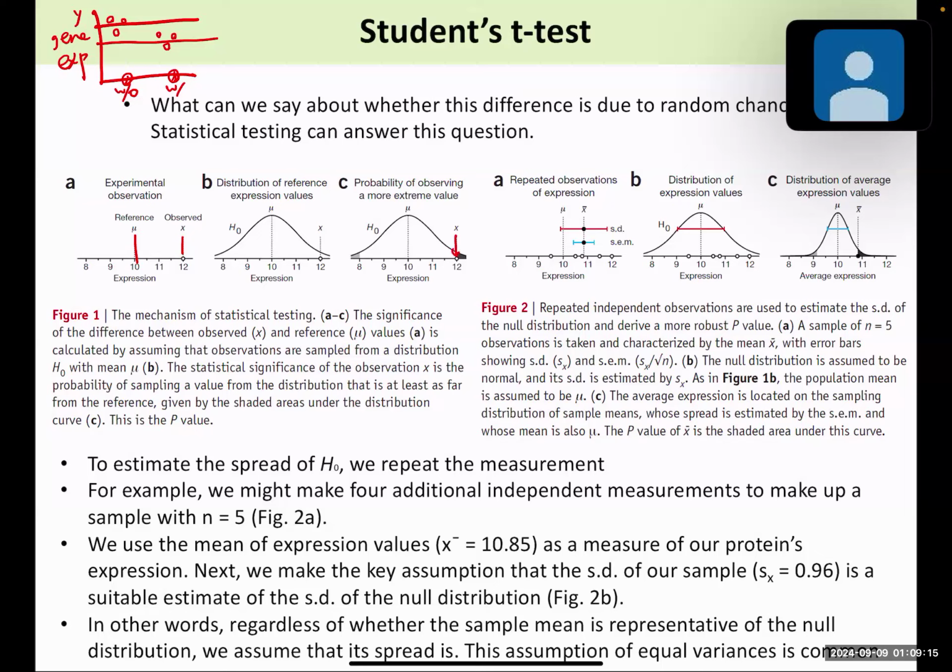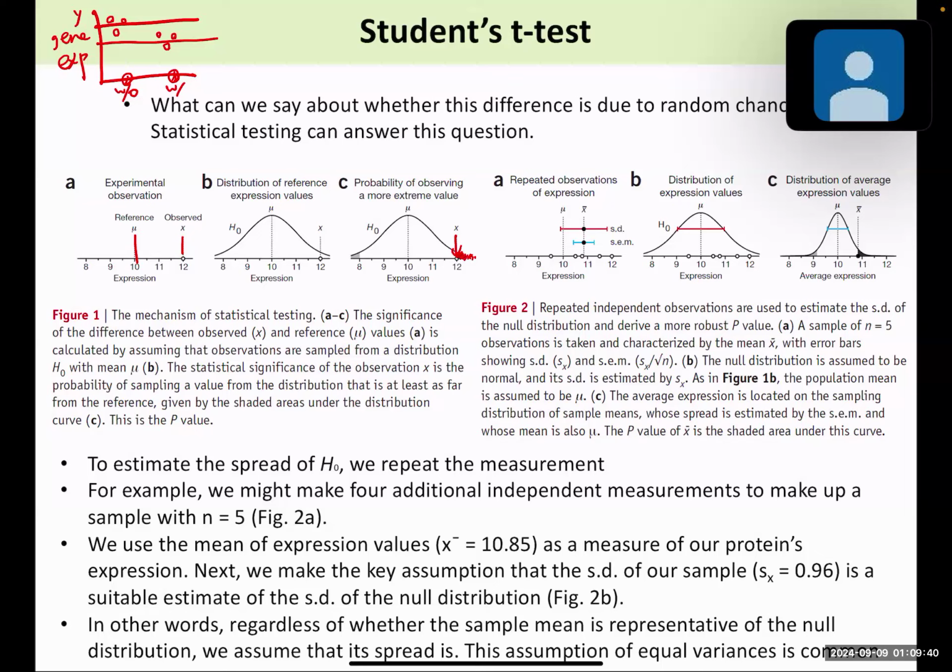So x is here, and you calculate the probability of observing more extreme values, right? If this probability is smaller, then that means your measured value is statistically distinct from the original population, right?